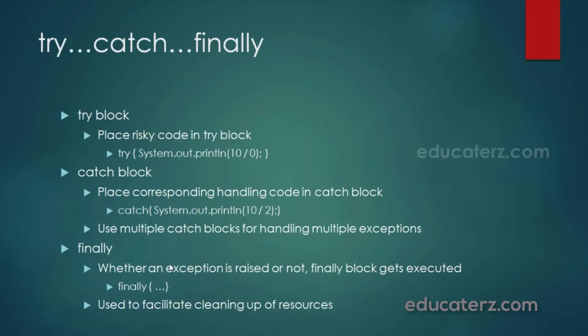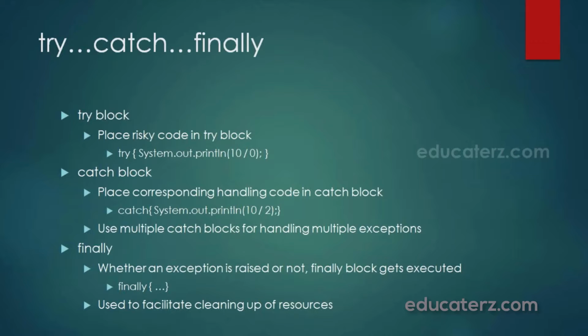Similarly, finally is a keyword, a block where we can handle whether an exception is raised or not, this finally block gets executed. So generally we write some cleaning up of resources code in a finally block. When we are trying to open a file and after processing the file, we need to close those files for any security reasons.